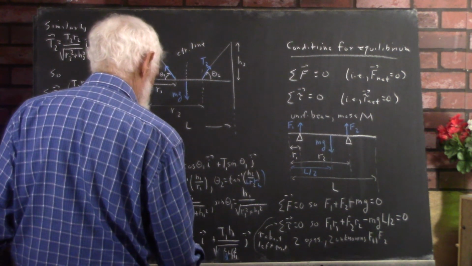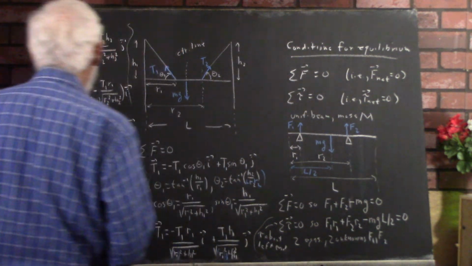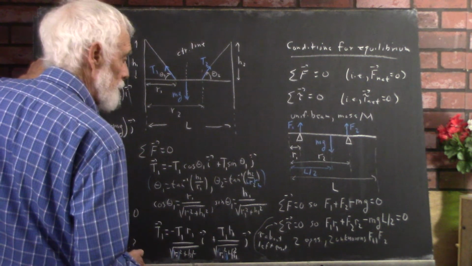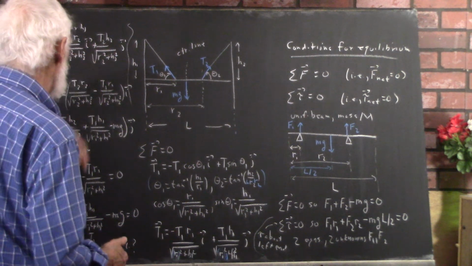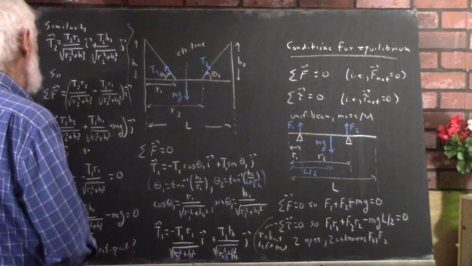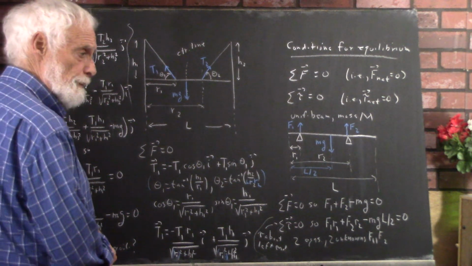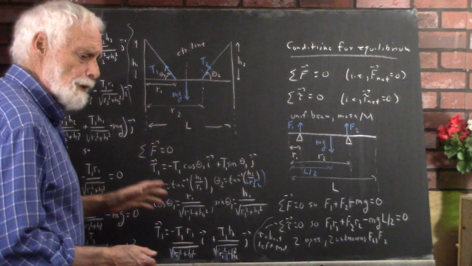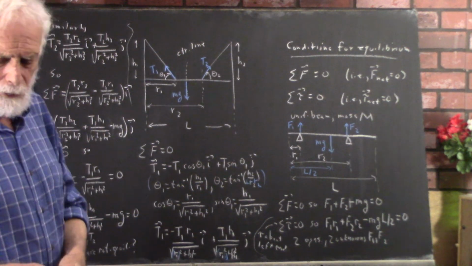So let's correct it. This is R1. This is R1. L minus R2, well, that's what we should have here, here, and here. And that requires some modification. So I'm going to stop this video, correct that stuff, and then do it with the right expressions on the board.